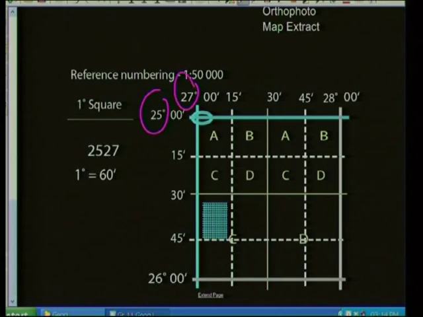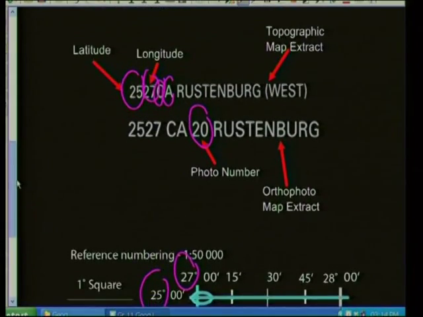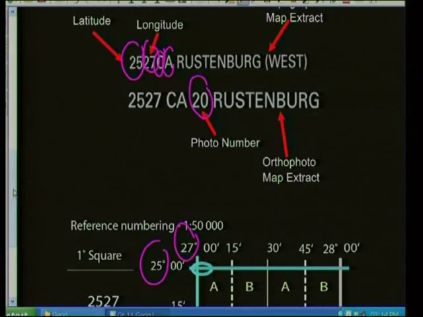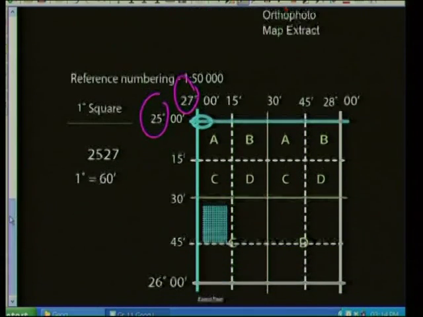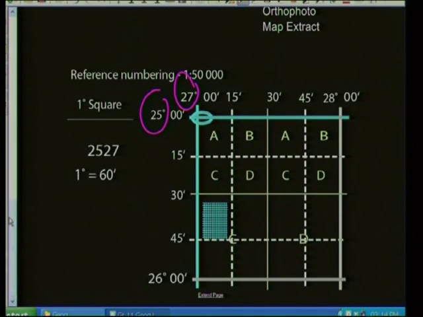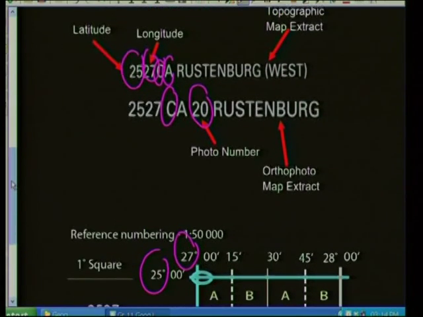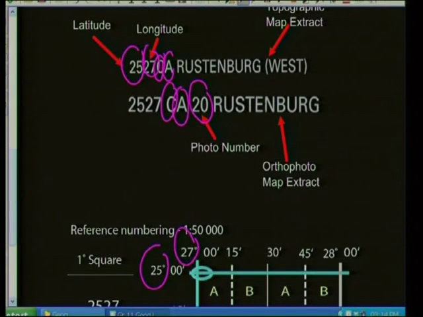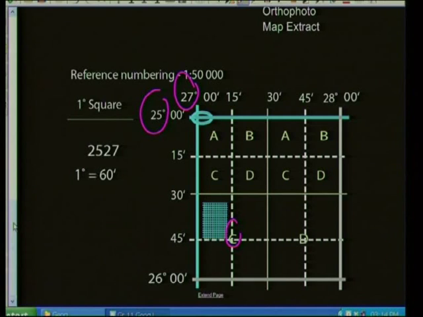25, 27, and it's big block C down here, and small block A down here, because we have this big block or big square or rectangle that's divided into A, B, C, and D. That makes my big block D. And of course, each one is divided further, which gives you my small blocks.